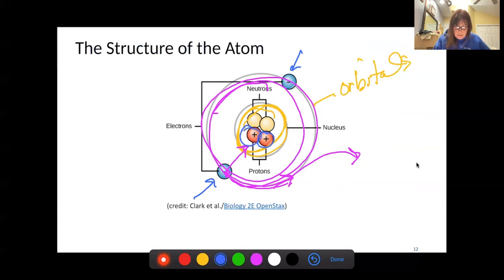The protons are in here with the help of neutrons. Neutrons have no charge and I call them the peacekeepers. They act as the neutralizer. They help to keep those protons from repelling each other and keep the nucleus stable.